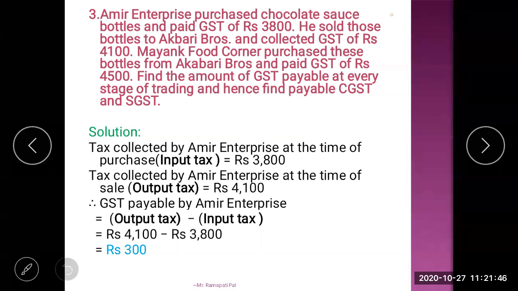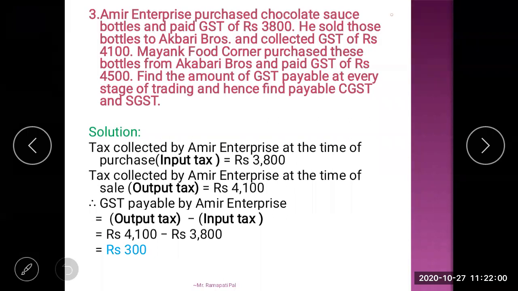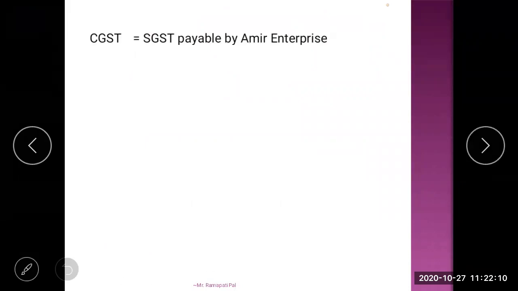The formula is CGST is equal to SGST is equal to half of GST. So what is half of GST? Yes, 150, correct. CGST is equal to SGST payable by Amit Enterprises, which is equal to half of GST. We know GST is 300 rupees, 300 divided by 2, which is equal to 150.